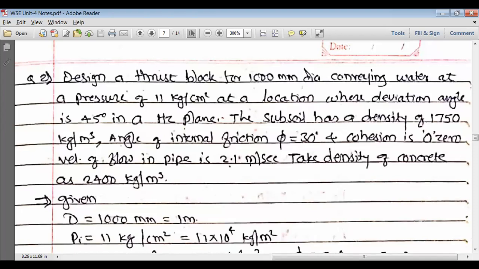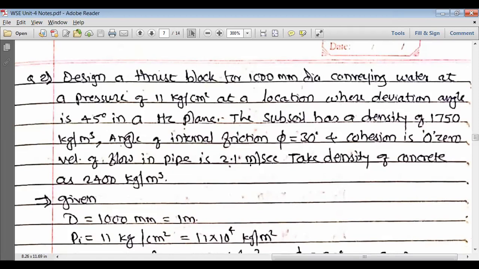Deviation angle means change in direction, the angle represented by the letter theta, and it is 45 degrees in a horizontal plane. The subsoil has a density of 1750 kg per meter cube. The angle of internal friction, phi, is equal to 30 degrees, and cohesion is 0, meaning the C value is 0.